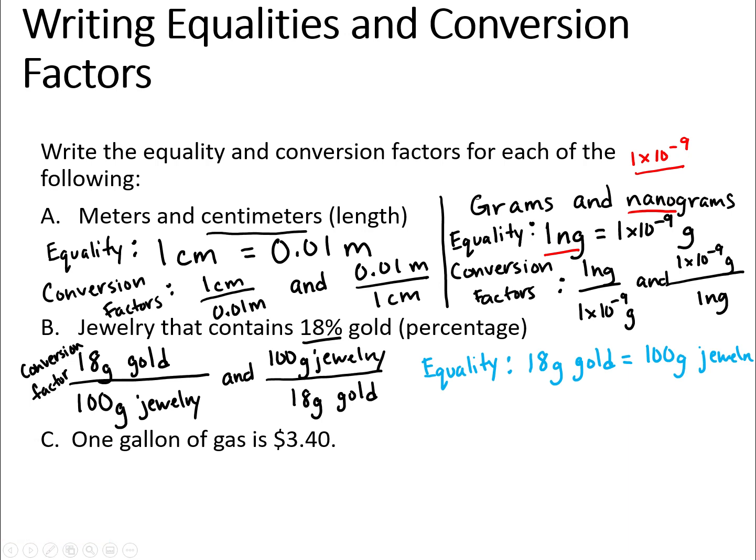Okay, we'll start with the equality. In the lecture video, I talked about, I think it was like the price of onions or something like that is $1.24. This is a very similar example to that. 1 gallon of gas is $3.40. 1 gallon equals $3.40.